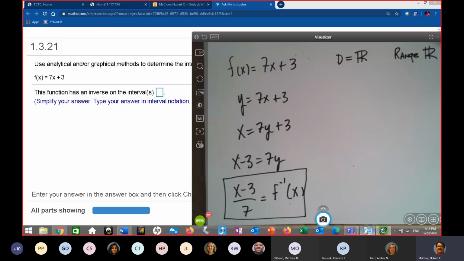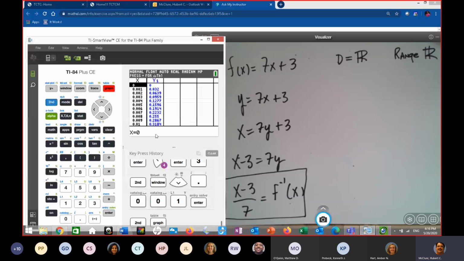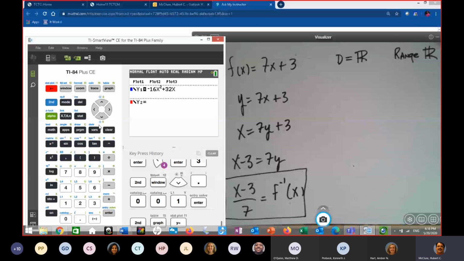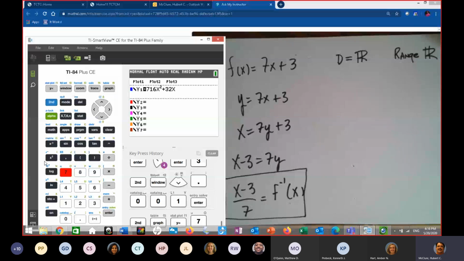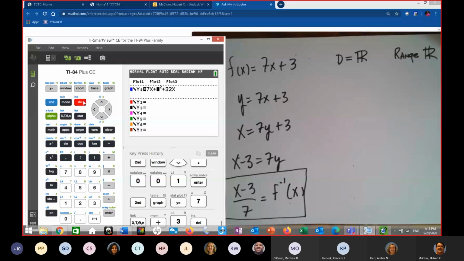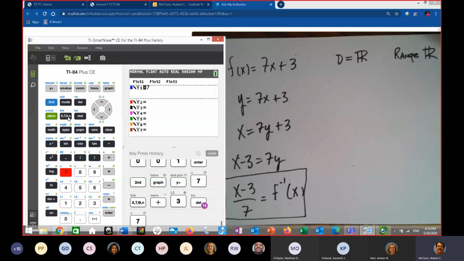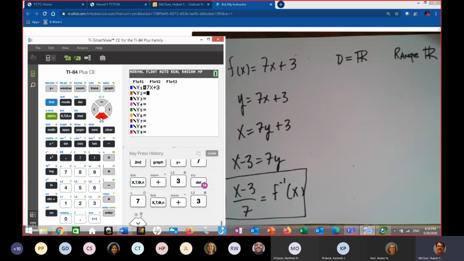I can't stand these new calculators. 7x plus 3. And the inverse function is going to be parentheses x minus 3 close parentheses divided by 7.